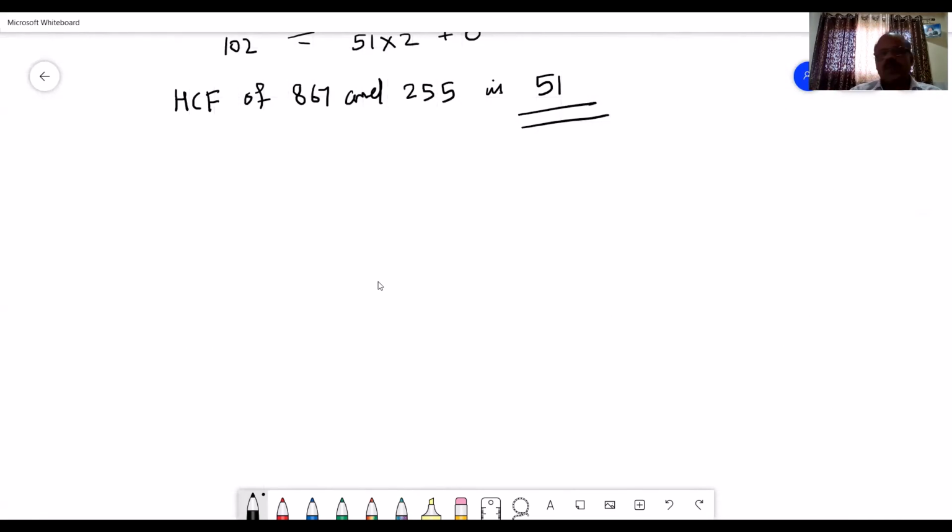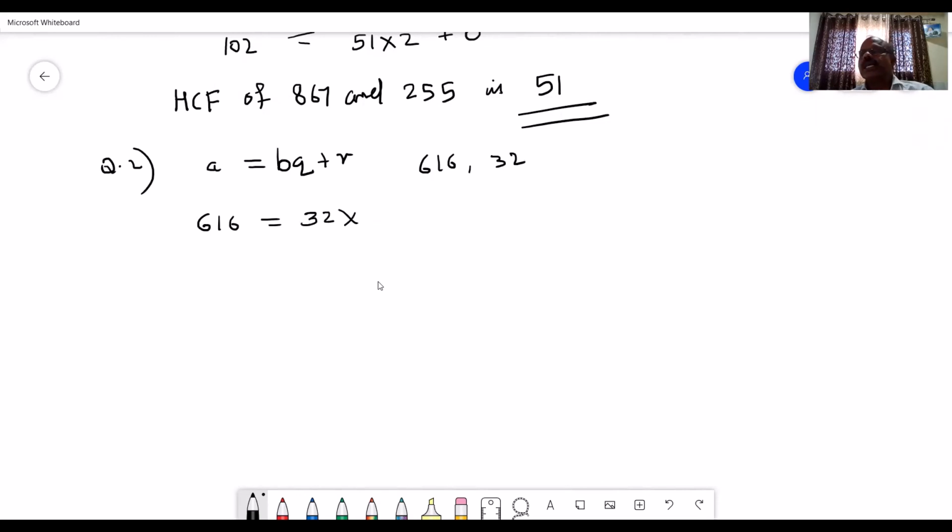Now the question number 2 we are going to solve. We are having 32 and 616. Here also we are applying the formula A is equal to BQ plus R. Here the numbers are 616 and 32, so 616 will be A. Then 32 will be there.